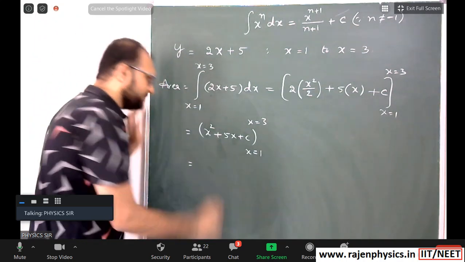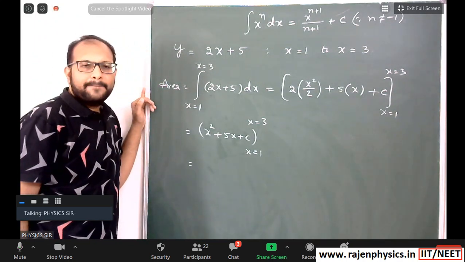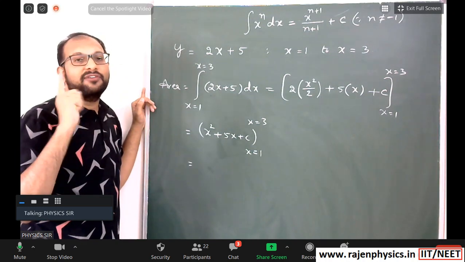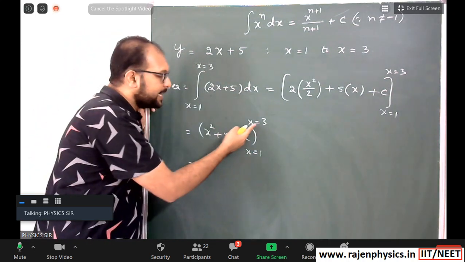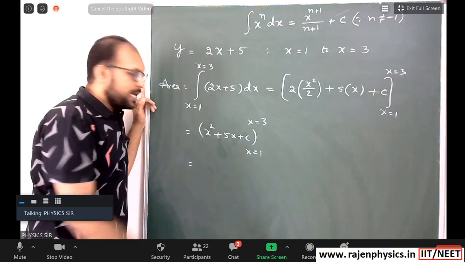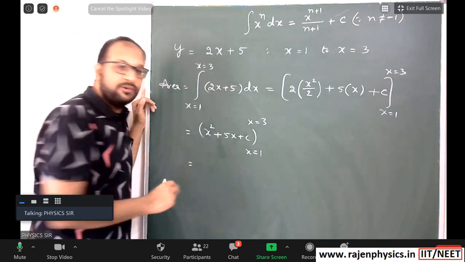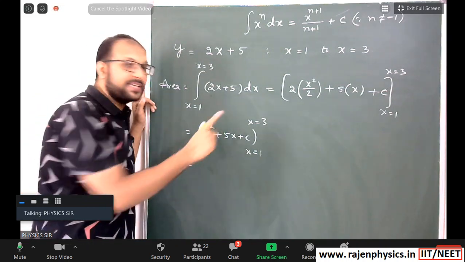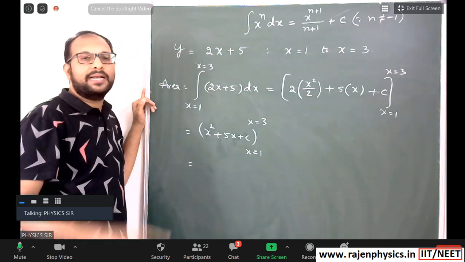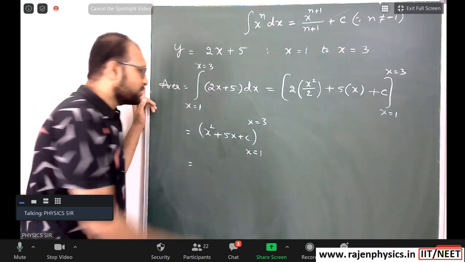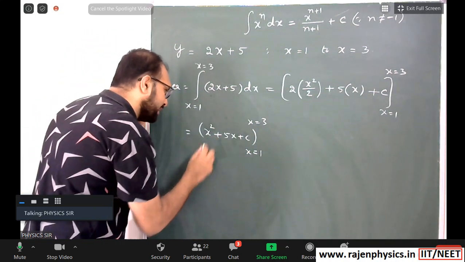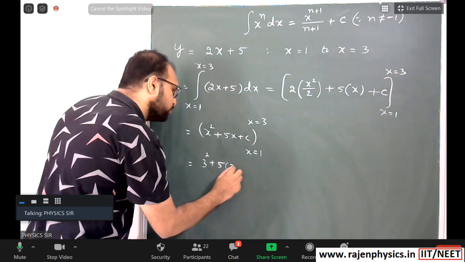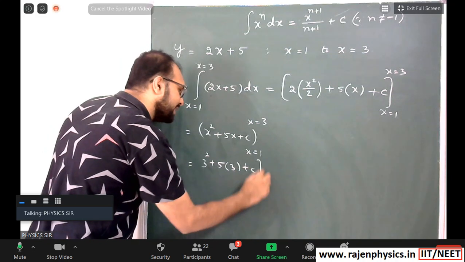Now students, first you need to substitute the upper limit in the value of x, because here x equal to 3. So wherever x is there in this equation, substitute first only the upper limit. Upper limit x equal to 3: 3 square plus 5 into 3 plus c.